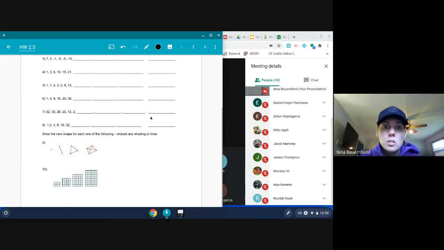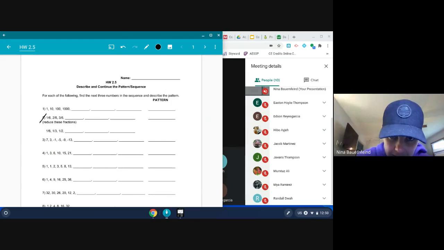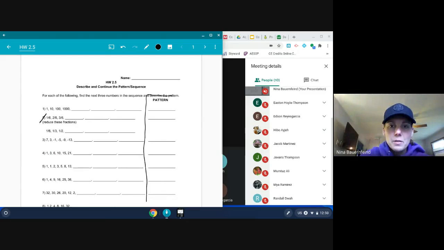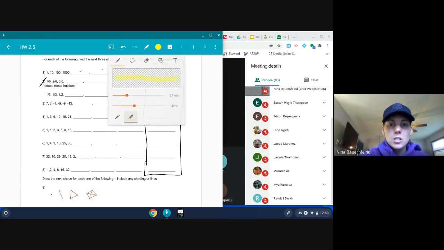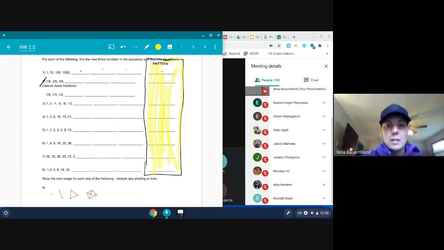So to be clear also, I want to make sure you understand this last column. There's a gap because that's where you describe the pattern. What I've had in the past is students do like 4 terms. So they keep this pattern going here, here, here, and here, and they don't write out the pattern. This column is the big thing that we're trying to learn today: describing the pattern.